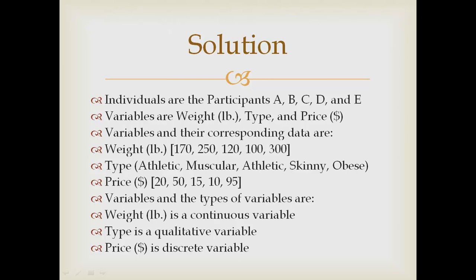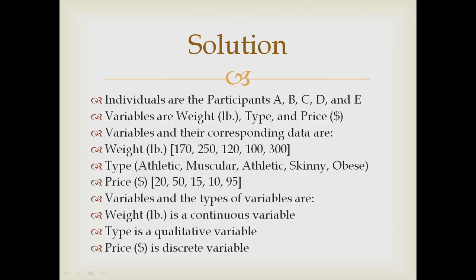Then the variables and their corresponding data. We have weight in pounds: 170, 250, 120, 100, 300. The type: athletic, muscular, athletic, skinny, obese. Then price in dollars: 20, 50, 15, 10, 95.